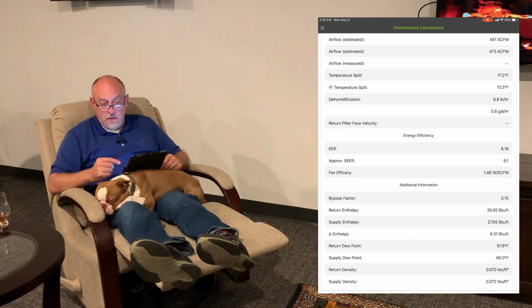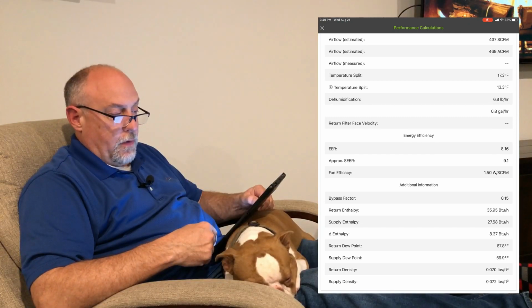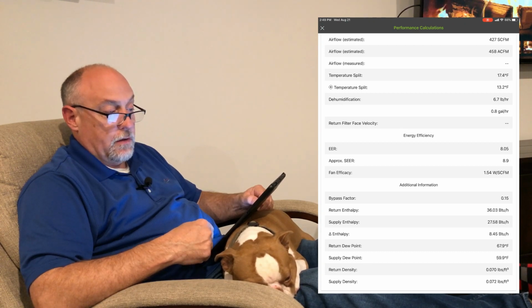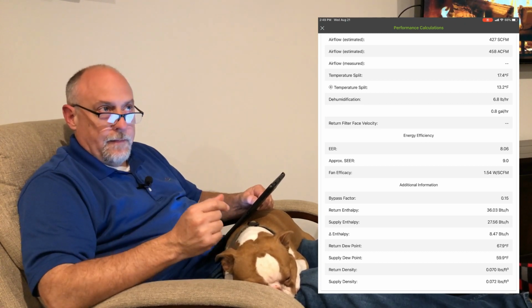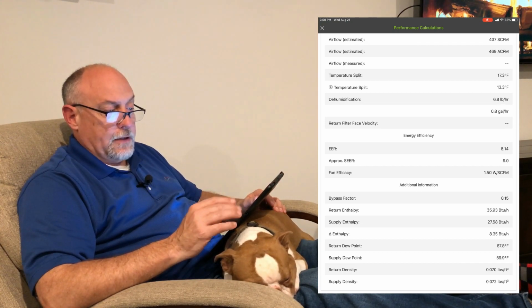So we basically took 473 times 0.070, we'd get that 441. Or if we took 437 at this point, divided by 0.070, we get 458 actual CFM airflow. So that's actual and standard CFM.